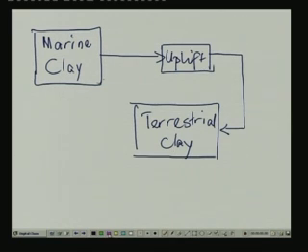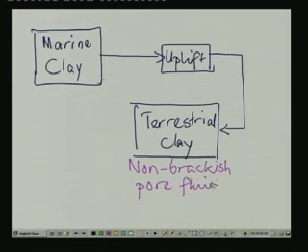If you consider this type of transition, this one has non-brackish pore fluid, and this one here has a brackish or saline pore fluid.